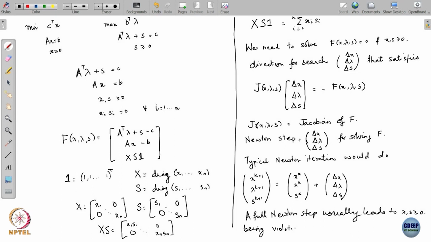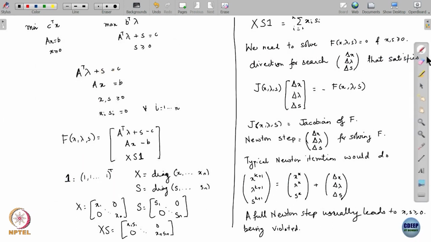So, what we need to do therefore is to search along the Newton direction, but search to the point where we do not violate x comma s greater than equal to 0.